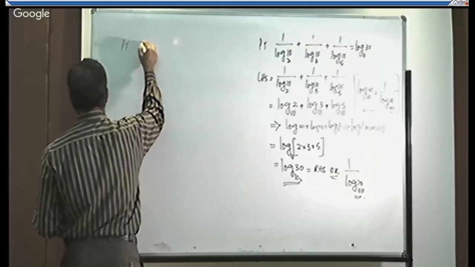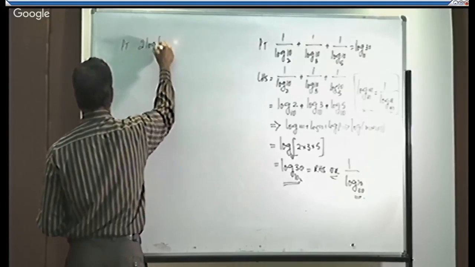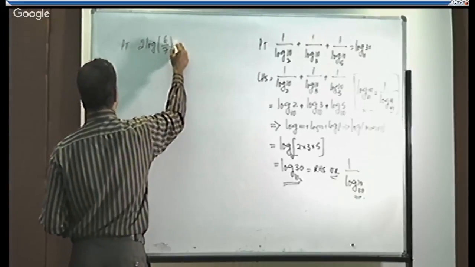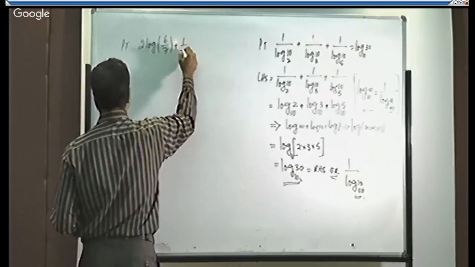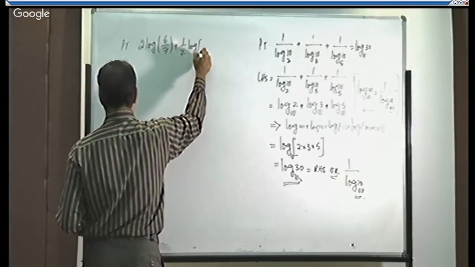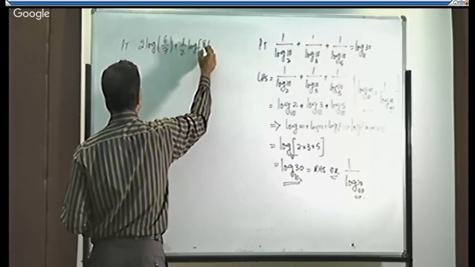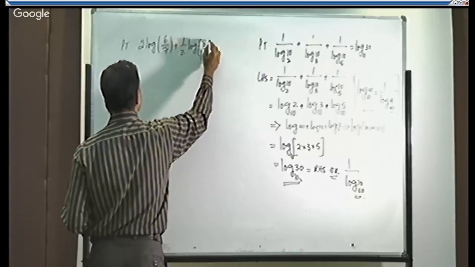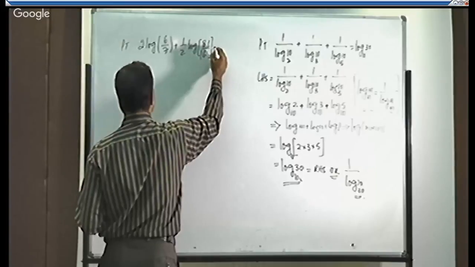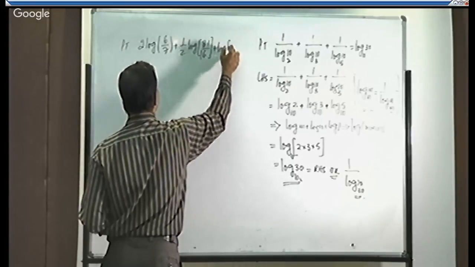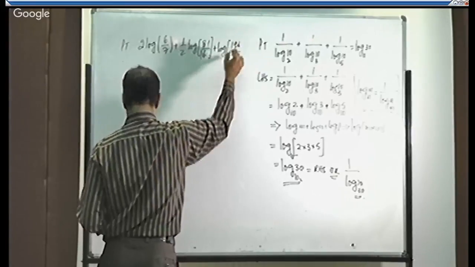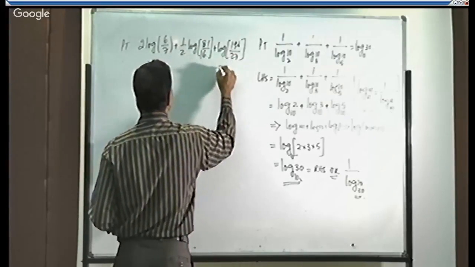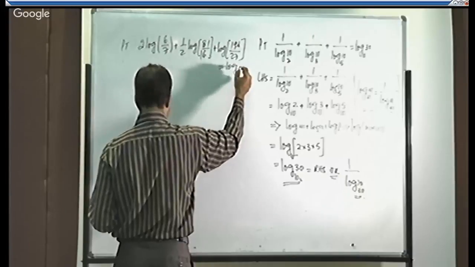Prove that 2 into log of 6 divided by 7 plus 1 by 2 into log of 81 divided by 16 plus log of 196 divided by 27 is equal to log of 12.